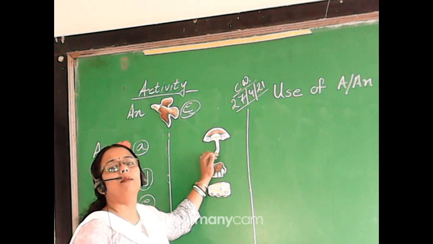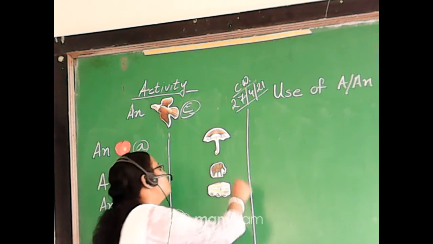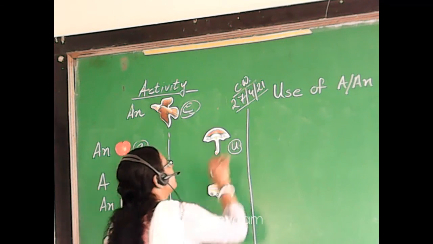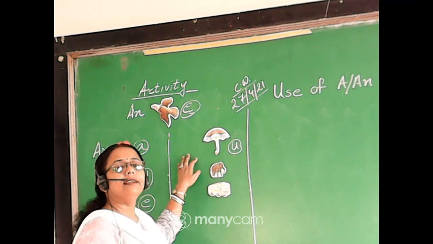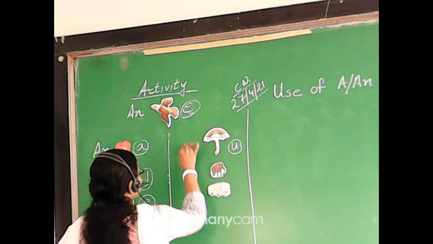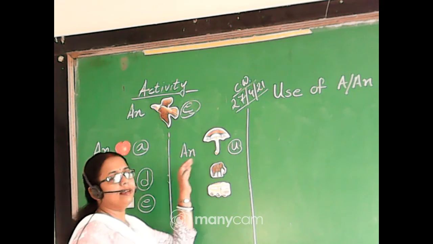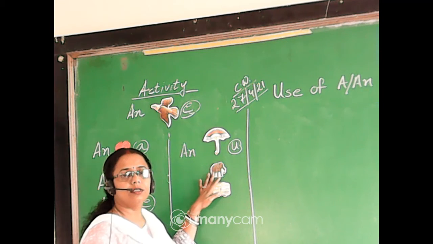Next is umbrella. It starts with the letter U. The first letter of umbrella is U, right? So an umbrella. It's a vowel, so we will place an. An umbrella. Next, elephant.